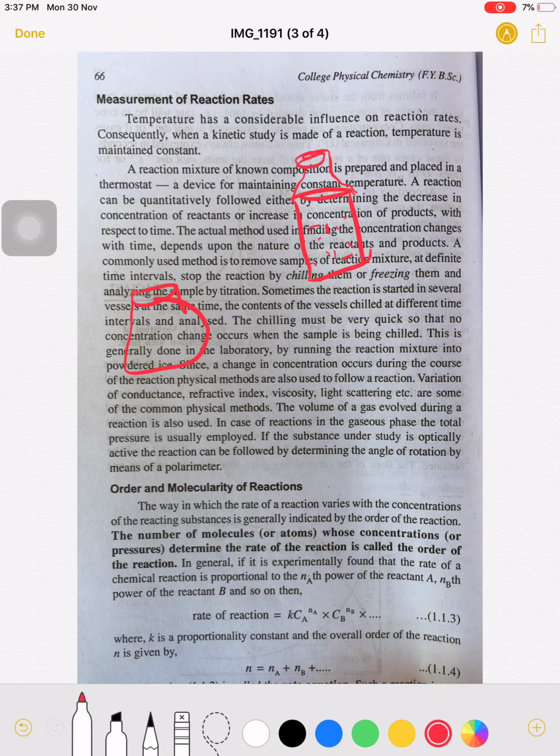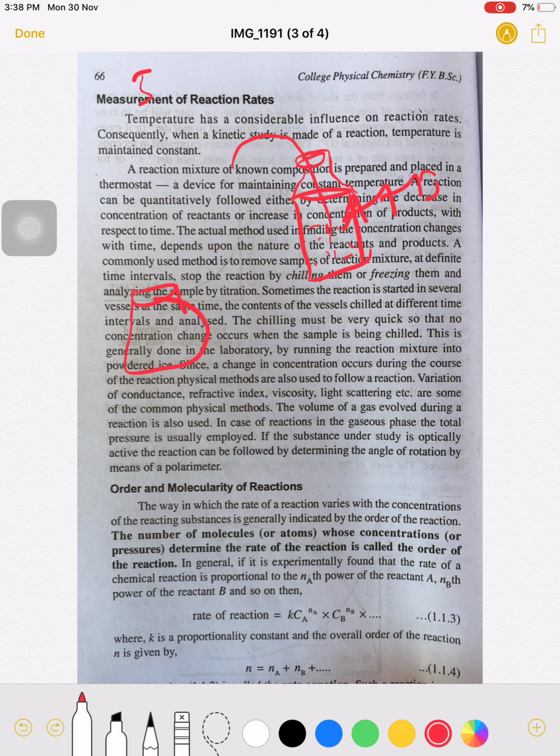So in that the reaction mixture is there, A plus B. From the reaction mixture, after certain time, suppose after 5 minutes, the reaction mixture is sucked with the pipette and it is taken into the conical flask, and in the conical flask we are adding ice or ice water to stop the reaction instantly.